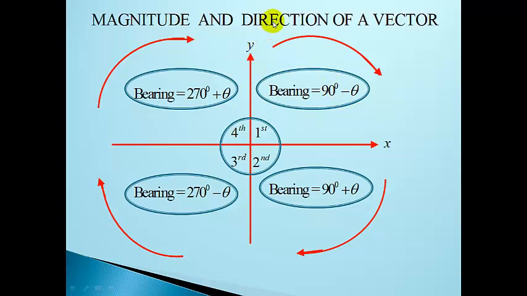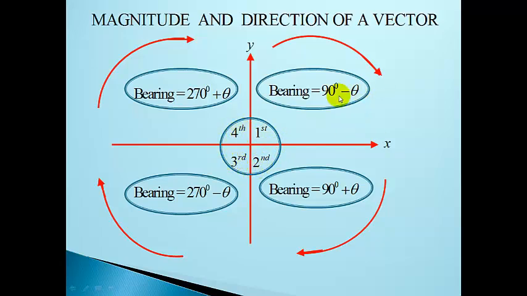Bearing is the same as the direction. Now, we are measuring the bearing from the north, that is from the y-axis, in the clockwise direction, as indicated by the arrow. This will be our first quadrant, this will be our second quadrant, this will be our third quadrant, and this will be our fourth quadrant.